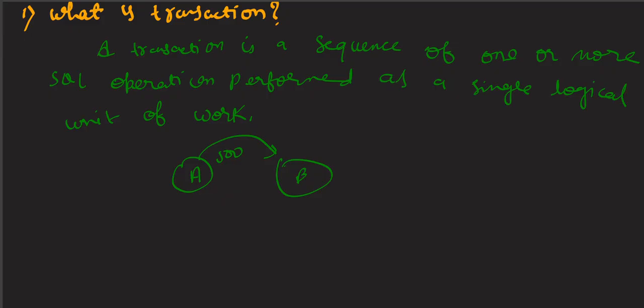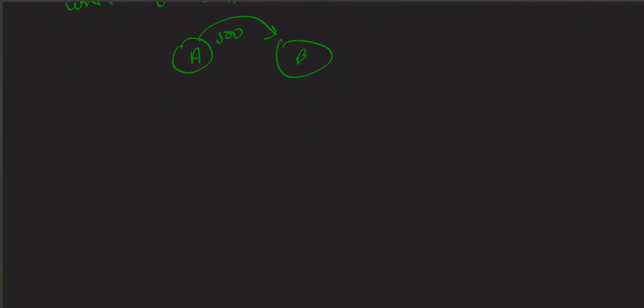Okay, so what happens if you send 500 from A to B? The first thing that happens is it will deduct 500 from A, and then it will add 500 to B. So if step two fails, step one must also be undone.